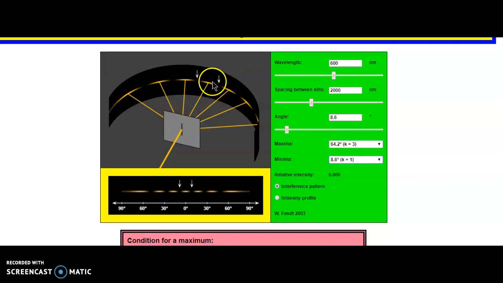First minima here is 8.6, from here to here 8.6. Now second minima, from this line to this line it is 26.7 degrees, and from this line to this line it's 26.7 degrees.